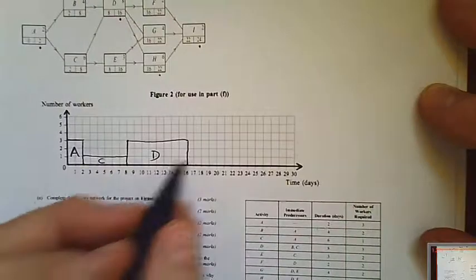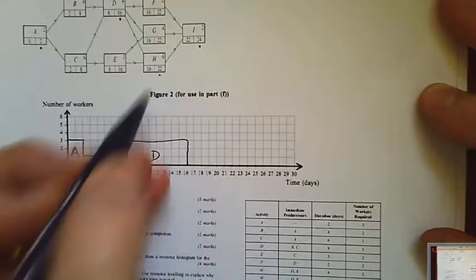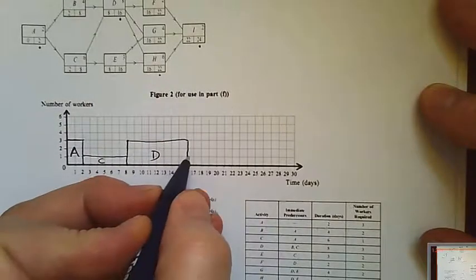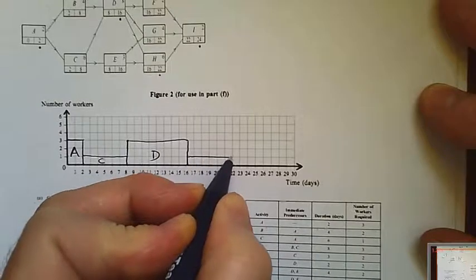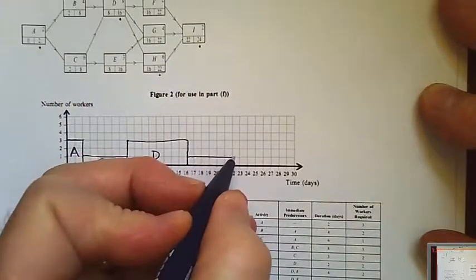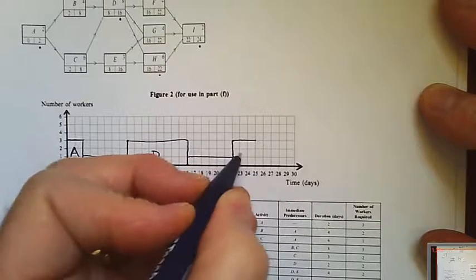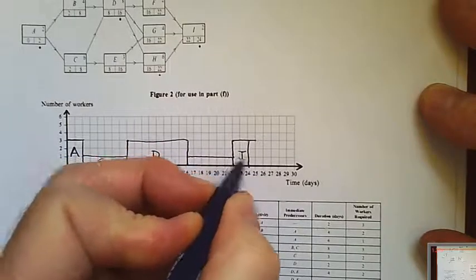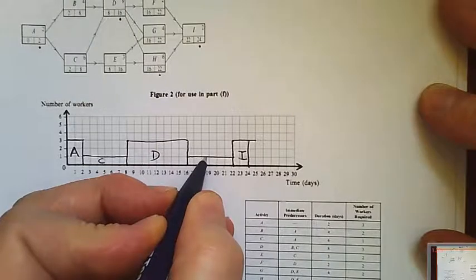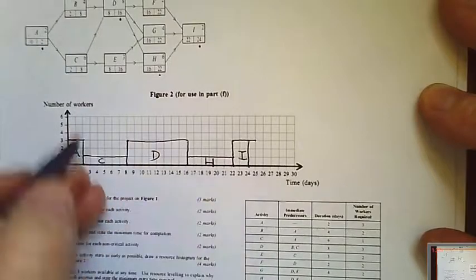Next is H. H goes from day 16 to day 22 and requires 1 worker. And then finally I requires 3 workers from day 22 to 24. Okay, so there's the critical path.